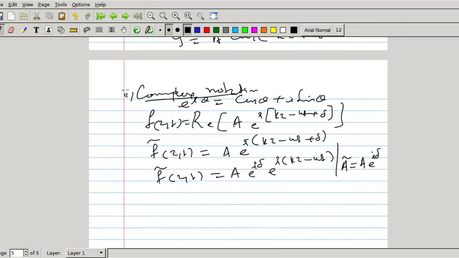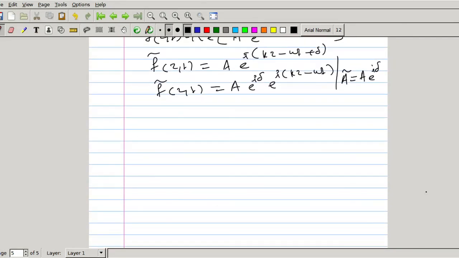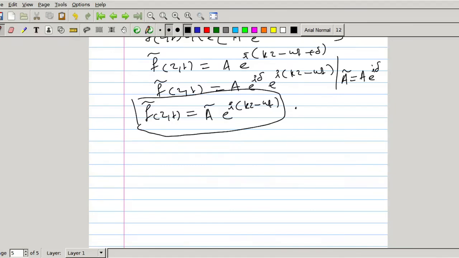So in complex notation we can write the wave equation as f of z, t equal to A e raised to i times kz minus omega t. This is the wave equation in complex notation. The actual wave will be the real part of this complex wave equation.